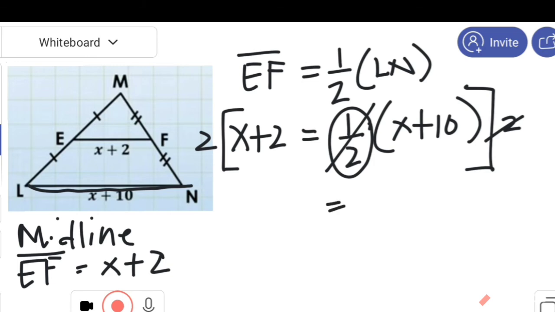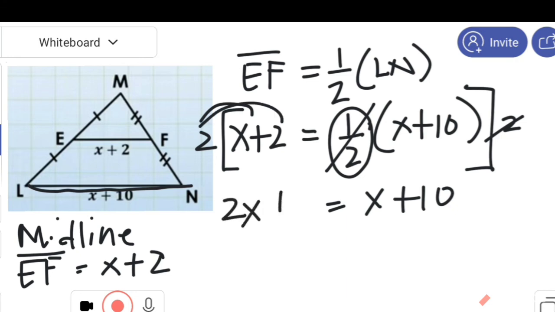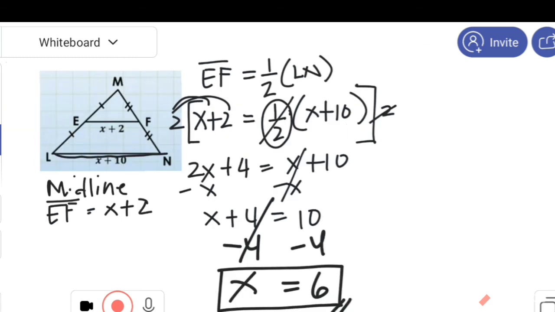And we have x plus 10 left on the right side of the equation. And then we will multiply this using the distributive property. 2 times x is 2x. And 2 times 2 is 4. Then combining like terms, this is the value of x.